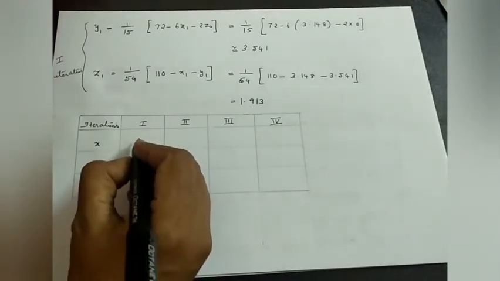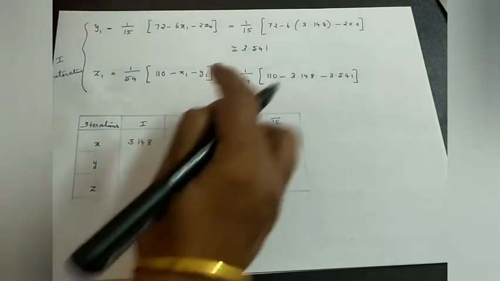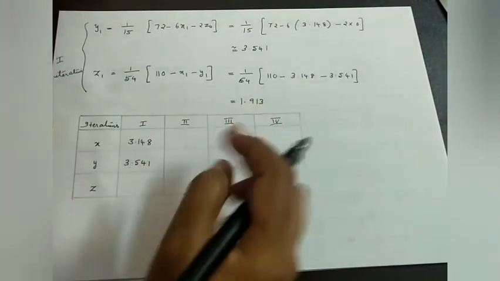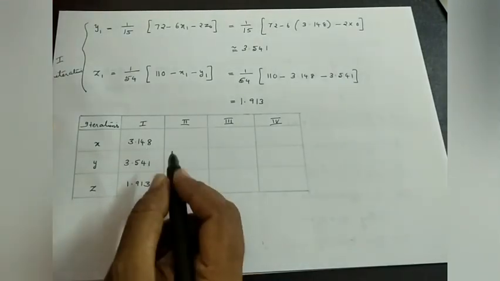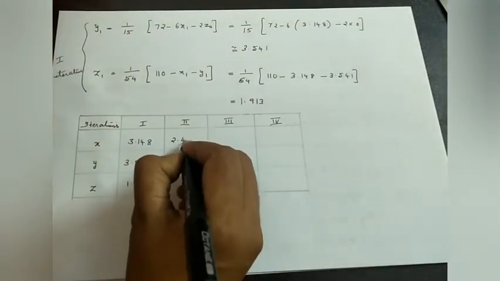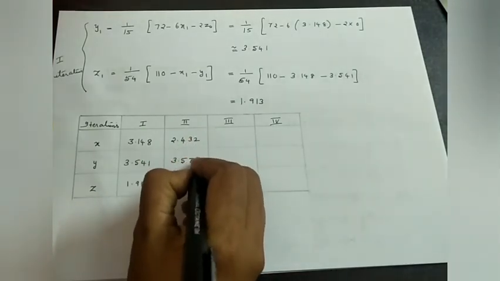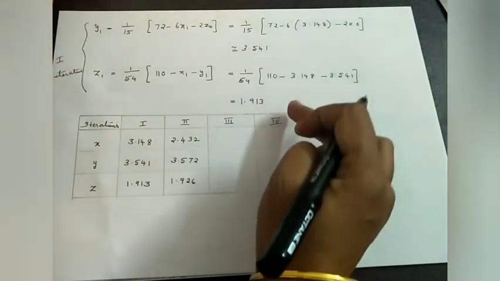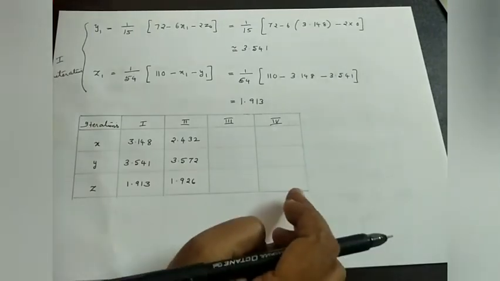After the first iteration, the value of x1 is 3.148, the value of y1 is 3.541 and the value of z1 is 1.91. We can substitute in the table. Similarly, we can find out the second iteration. Then we can write the values 2.432, then 3.572, 1.926. We have to show only the first iteration, then the second, third, fourth, etc. can be shown in the table.